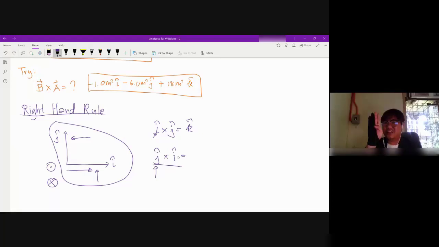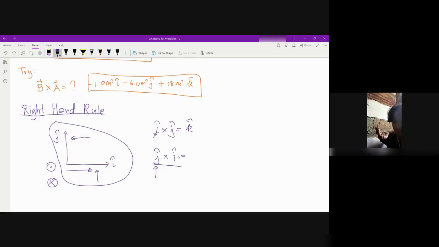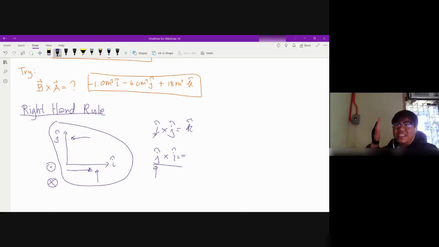Dili. So imong iatubang ang imong palm, tanawin ang palm, iatubang nimo sa tuo. Naa dito ang I hat, right? Oo, sir. Nasa tuo. And then imo dayong i-curl.